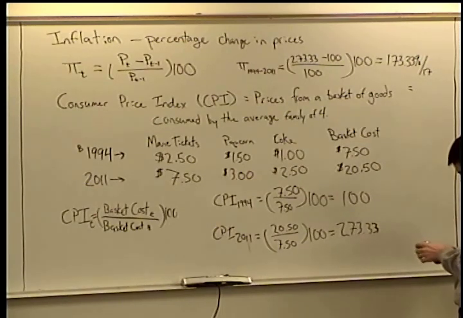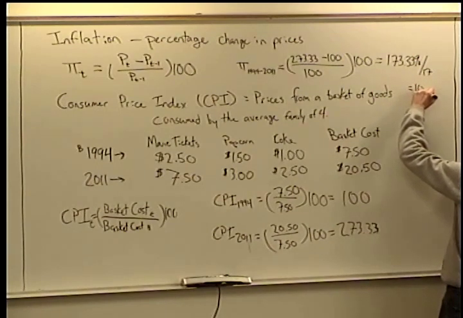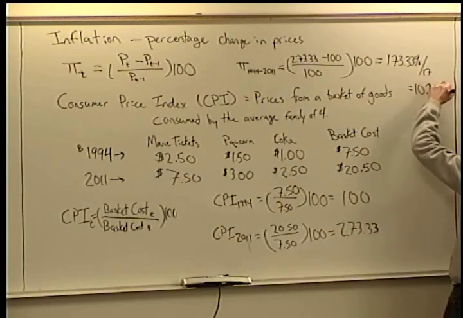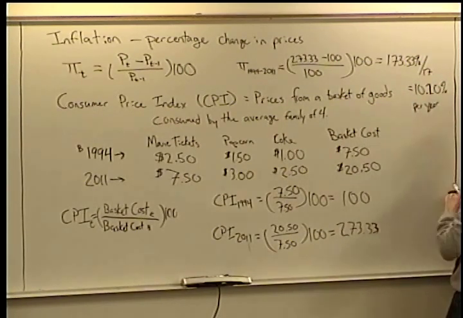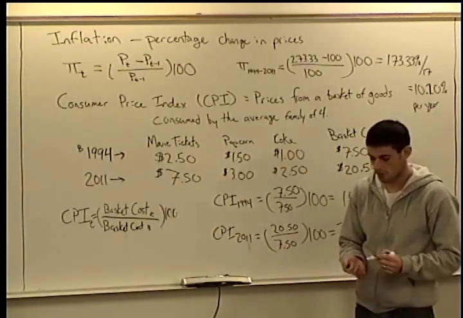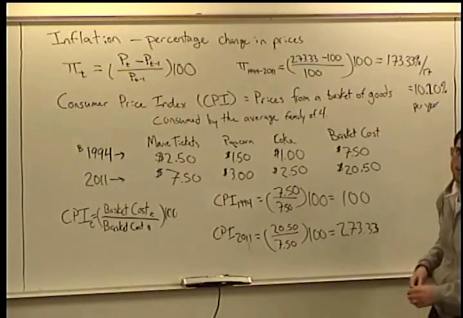So that equals 10.20% per year on average. So overall, movie tickets went up by approximately 10.2% per year between 1994 and 2011, or for a total overall percentage increase of 173.33.